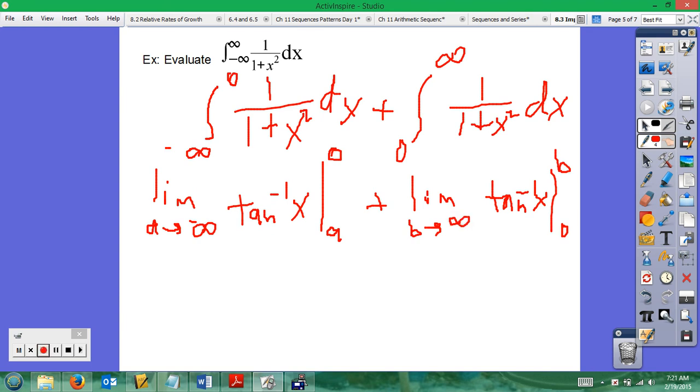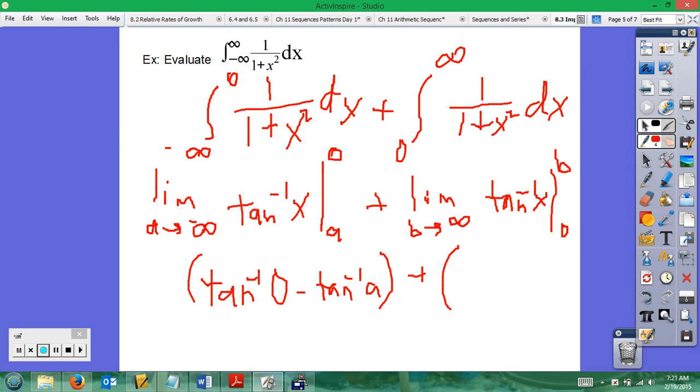So what do we got? We got tan inverse 0 minus tan inverse a, plus we've got tan inverse b minus tan inverse 0.